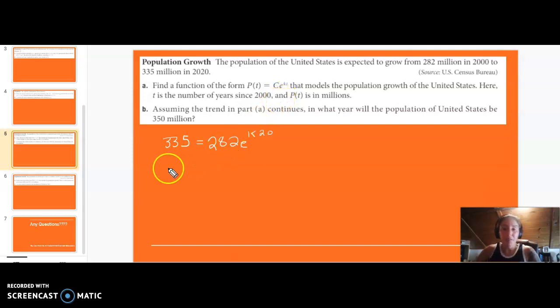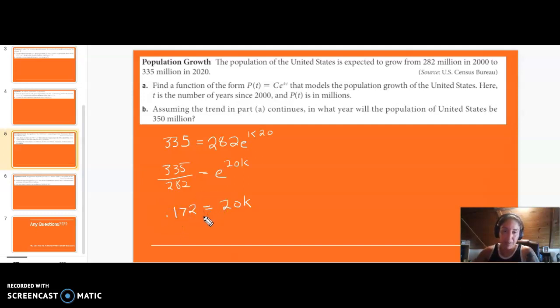So let's solve this. The first thing we're going to do is divide both sides by 282. That'll get us e to the 20k. I'm just going to flip this around a little bit. Let's take the ln of both sides. So ln of 335 divided by 282 equals 20k. ln 335 divided by 282 as a decimal is 0.172.